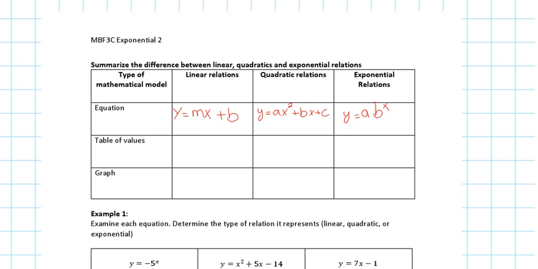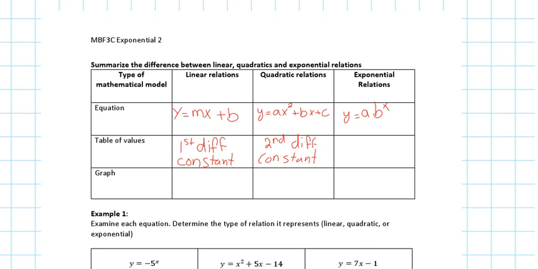What's going to be constant if it's linear in the table of values? The first difference. If it's linear, it's first difference. What's going to be constant if it's quadratic? The second difference. What is going to be constant if it's an exponential?